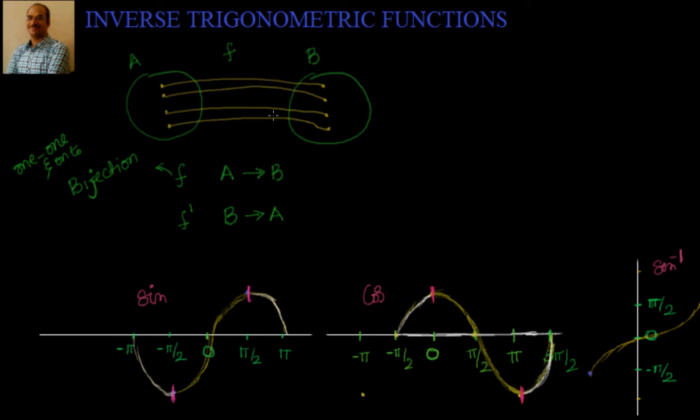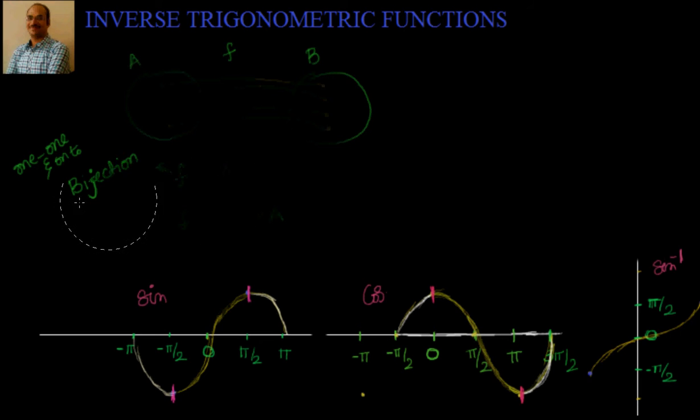Now let's take the trigonometric functions and see how we can make the trigonometric functions as inverse functions. So for that, let me just erase this so that we will look at that.